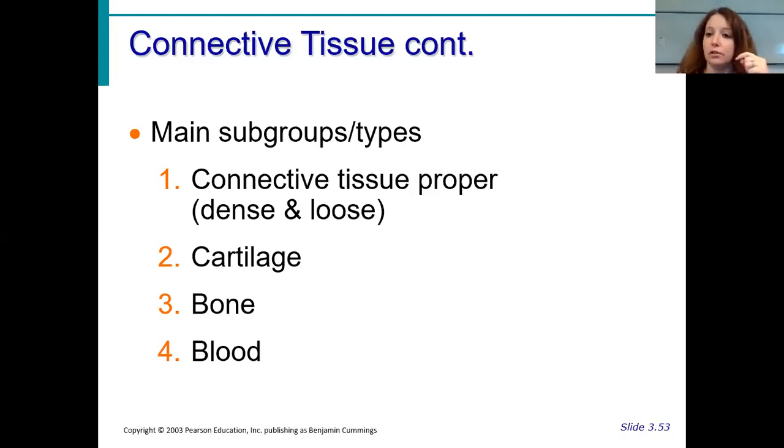The very tip of your sternum, your whole skeleton as a fetus in the uterus is cartilage that eventually hardens over time. Some of it hardens before you are born, and some of it hardens after you're born. Bone is a type of connective tissue, and so is blood. Blood is a tissue. So these are our main groups of tissue.